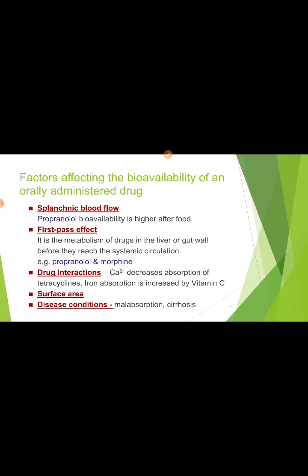So these were the factors affecting bioavailability, and this is a question that commonly comes in your examination, and you should be thorough with it. Go through your textbook and read the chapter nicely to understand what I have just discussed with you.